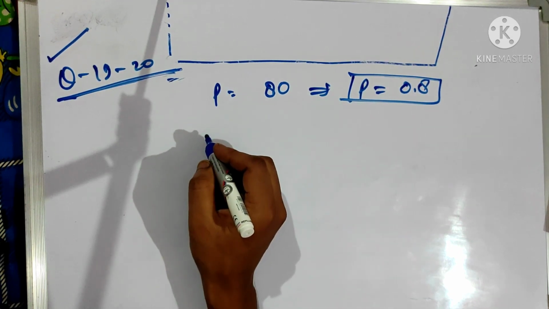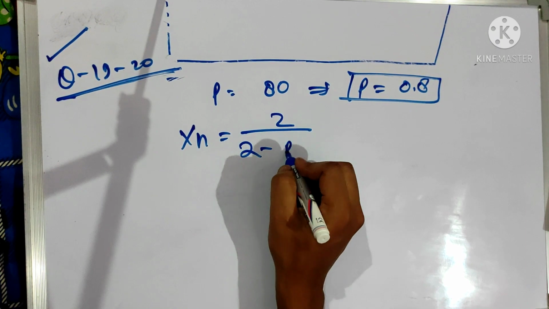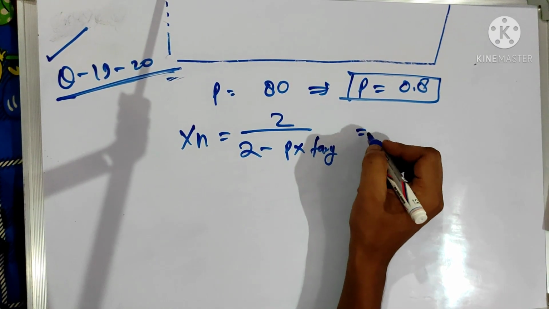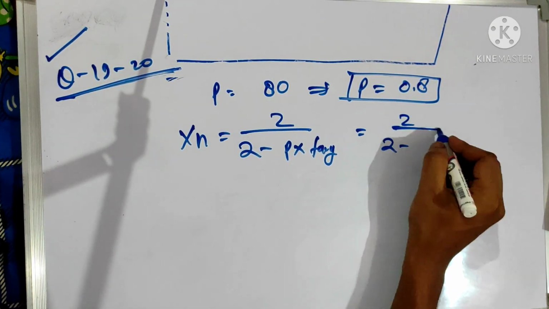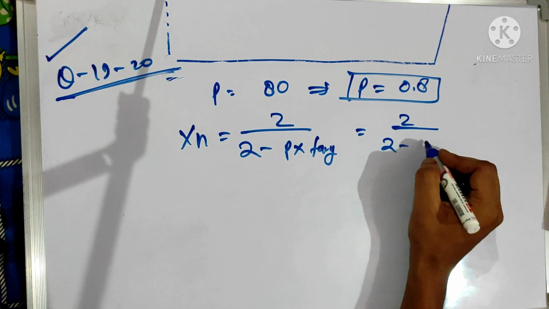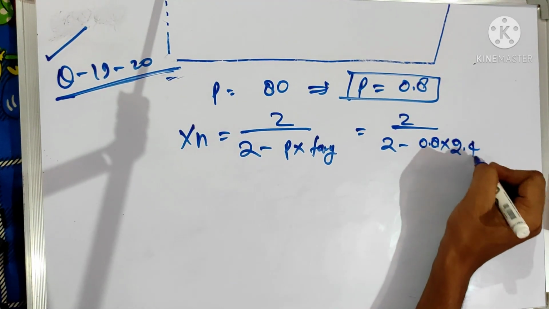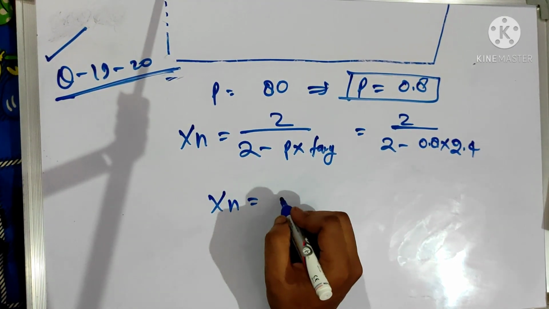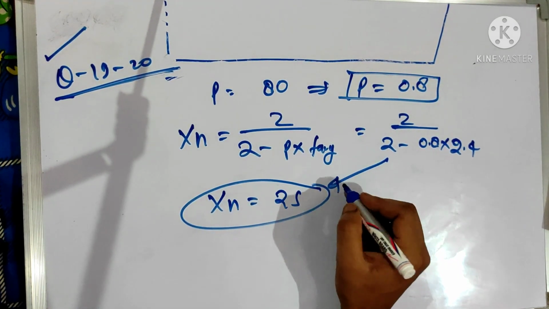Now you use the degree of polymerization, which is given by 2 divided by 2 minus P times average functionality. Then 2 divided by 2 minus 0.8 times 2.4. Then the degree of polymerization is equal to 25. After calculation you get 25.